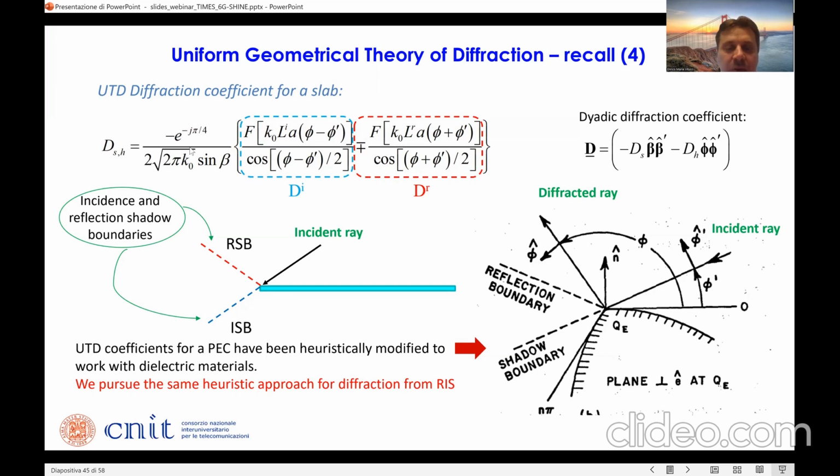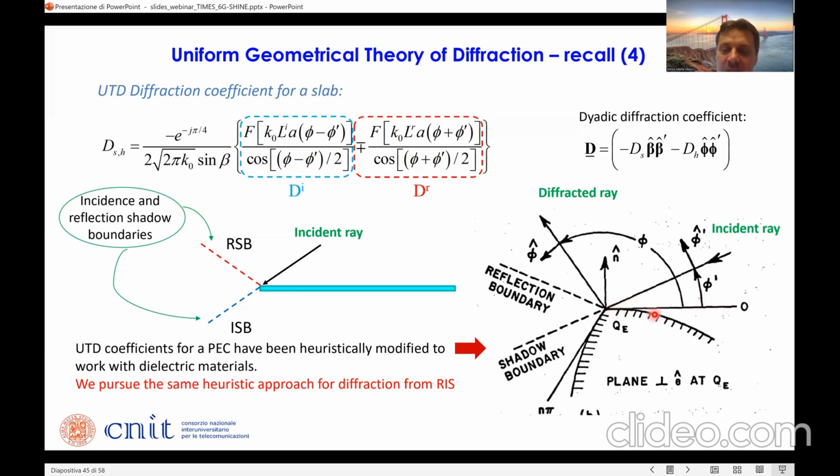And in the coefficient, we can see this angle phi and phi prime. Those angles are angles measured on a transverse plane with respect to the edge.